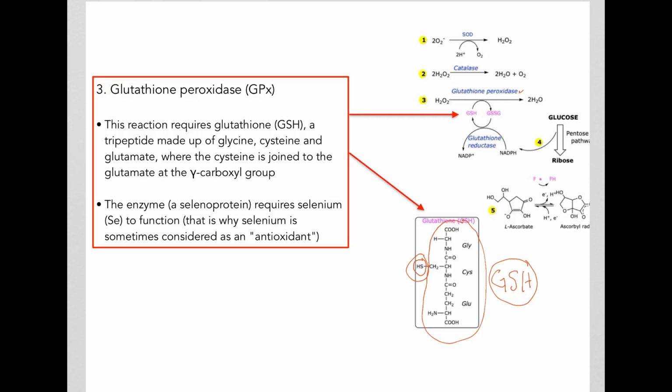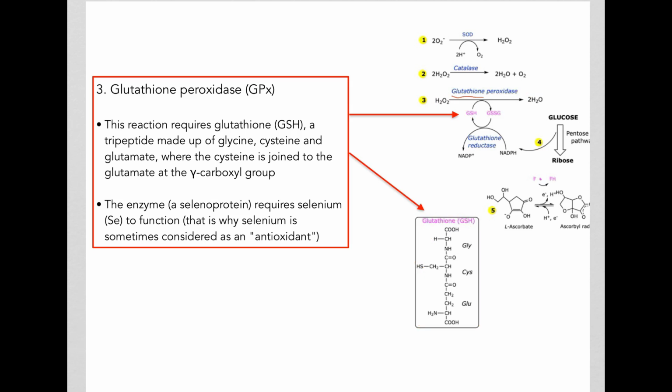So in this glutathione peroxidase reaction, GSH will react with hydrogen peroxide here. You produce water, and the GSH will be converted into GSSG. Basically, two of these GSH come together to form a disulfide, forming GSSG. This is the oxidized form of glutathione.